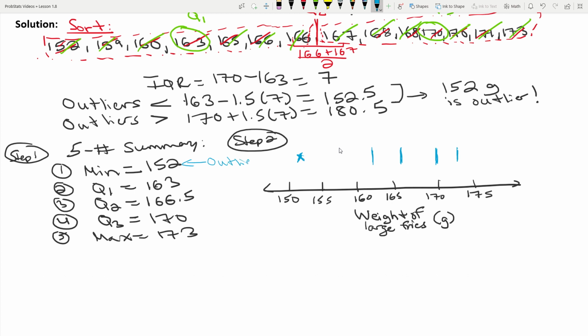That was our outlier. So we need a new minimum. In this case, the new minimum is 159. I was looking at the wrong end. So 159 is around here, and we'll mark that there. So we got our box, and we got our whiskers.